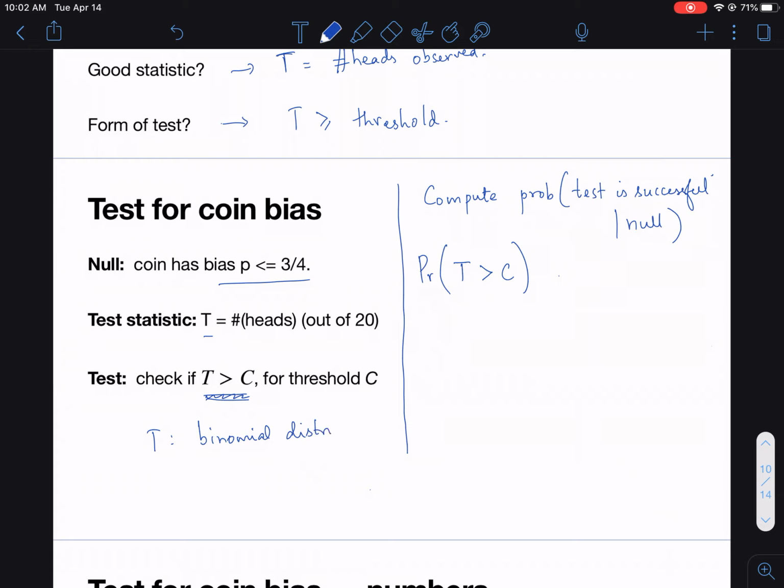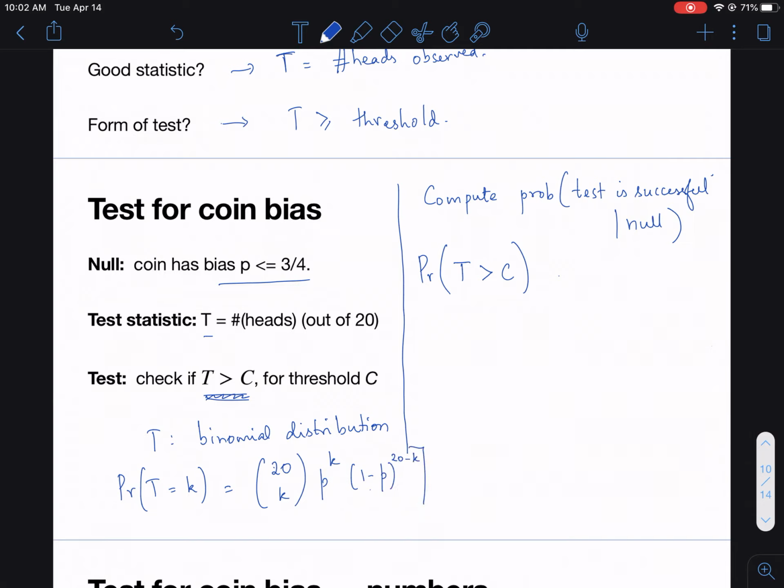We've seen this multiple times in the course. So the probability that t equals k for any k would be 20 choose k times p to the k times 1 minus p to the 20 minus k.